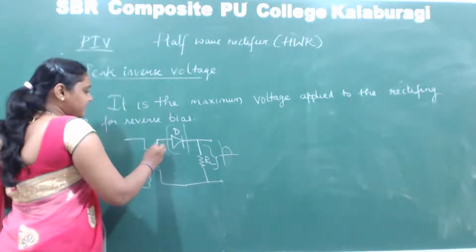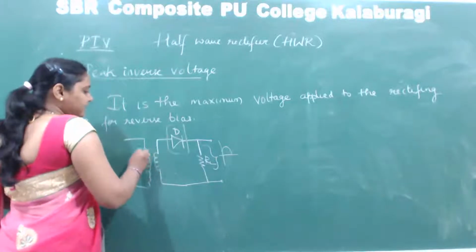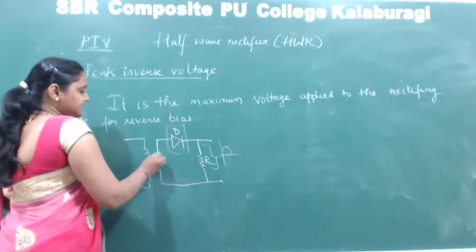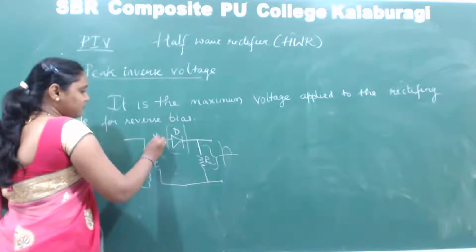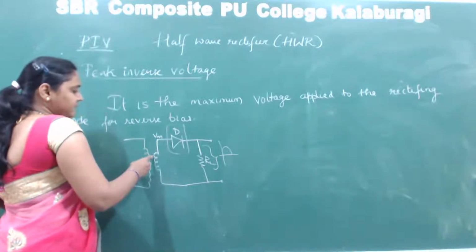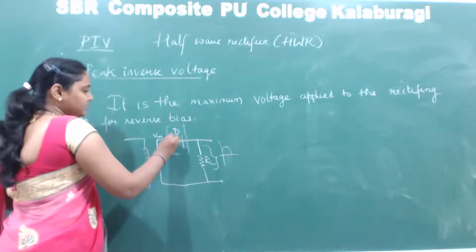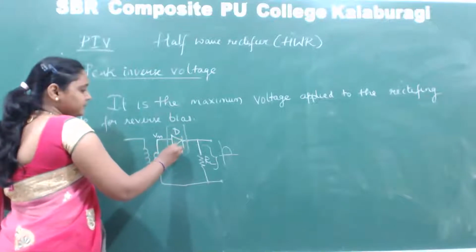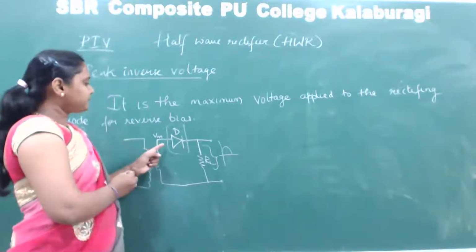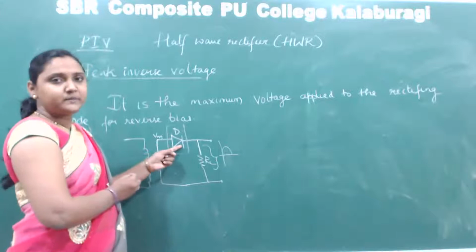Whatever maximum voltage Vm the secondary has, the entire voltage is applied to the diode.